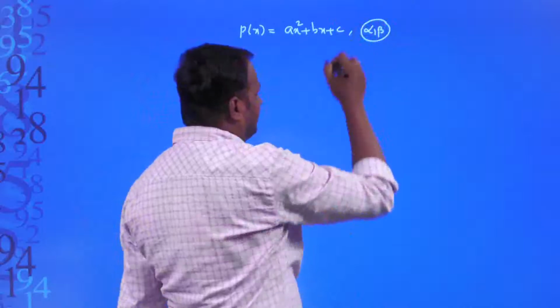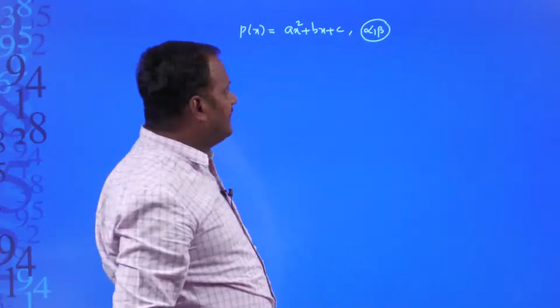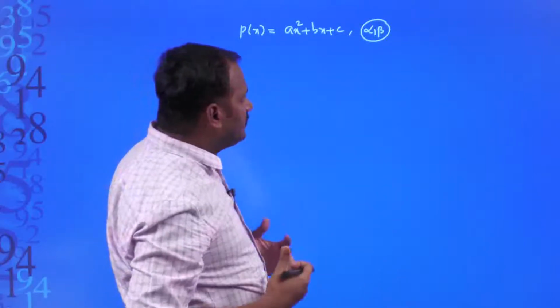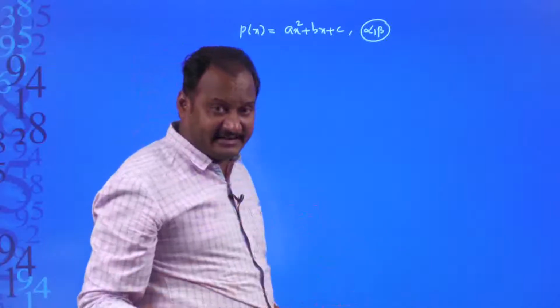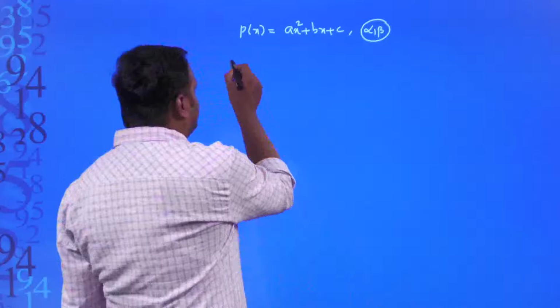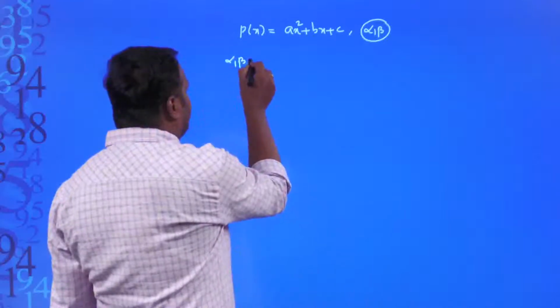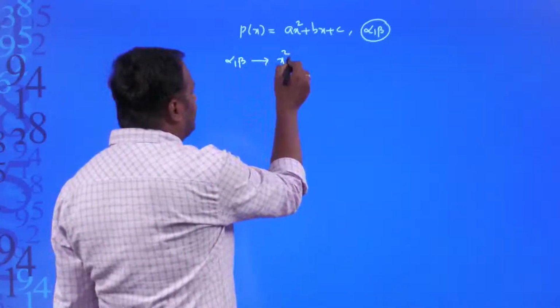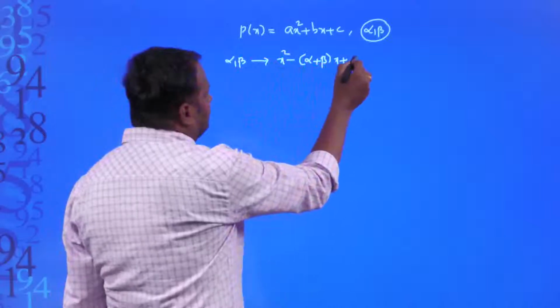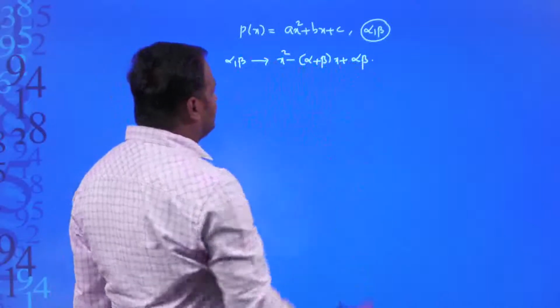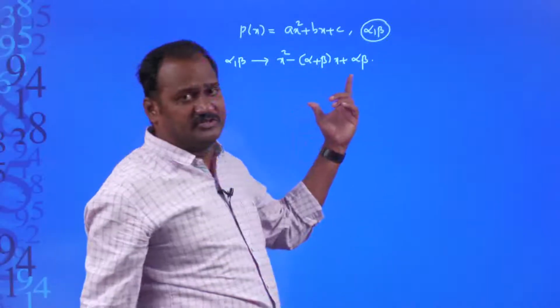And I know what is the polynomial whose zeros are alpha comma beta exactly, right. The polynomial whose zeros are alpha comma beta is x square minus of alpha plus beta times x plus alpha into beta.